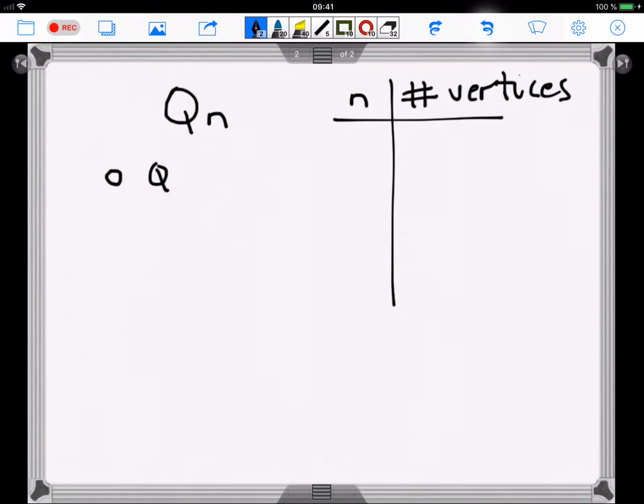Okay, so let me go now to not the number of vertices, but the degree. What is the degree of the hypercubes of order n? Okay, so let's again consider Q0. It's just one vertex with no edges.